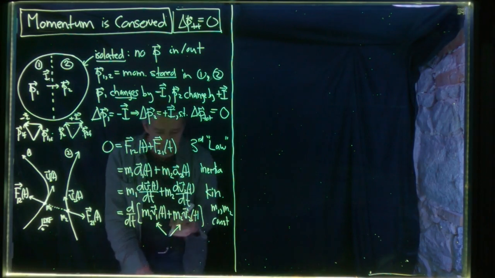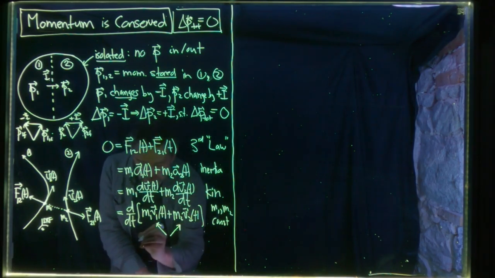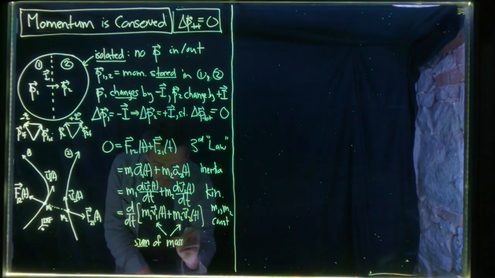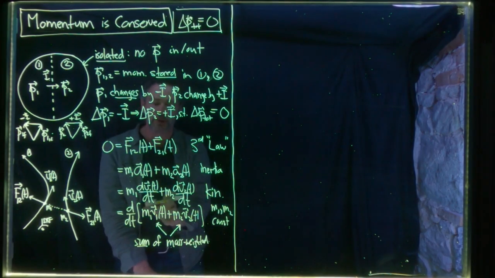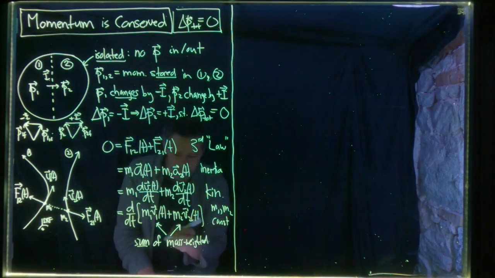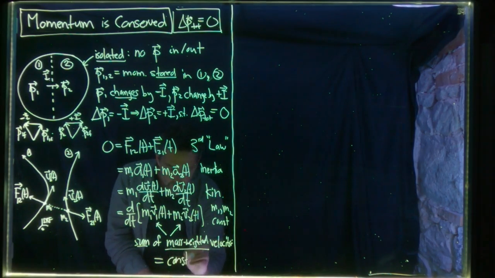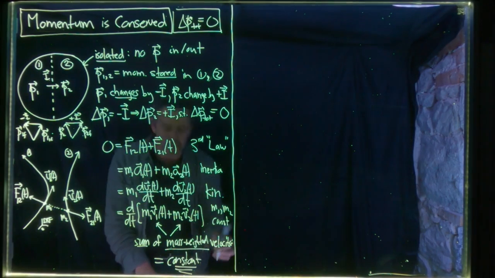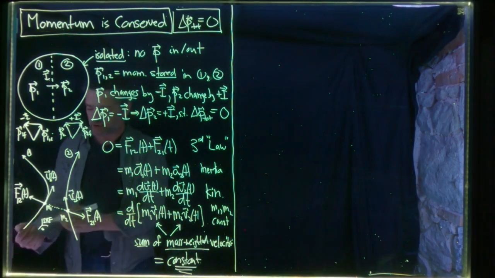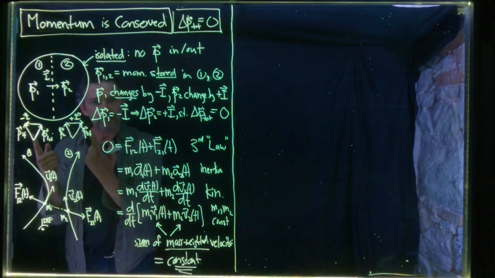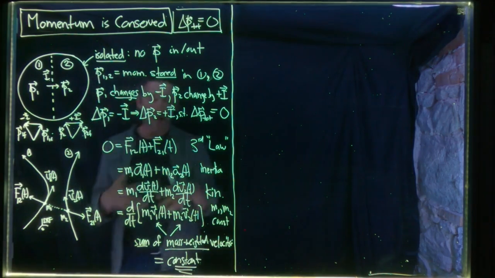These guys, v1 and v2, change in complicated ways, but the sum of mass-weighted velocities, by mass-weighted I mean you're multiplying the quantity by the mass, is equal to a constant. It never changes. Whatever it was initially, at some initial instant of time, you calculate that sum of mass-weighted velocities, it will always be equal to the sum of mass-weighted velocities after the interaction.